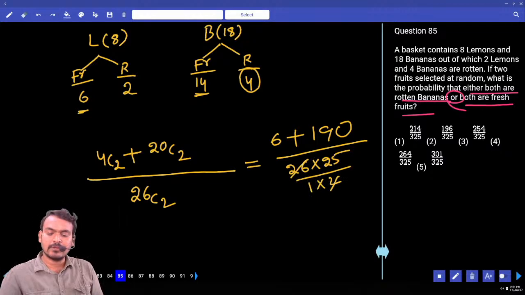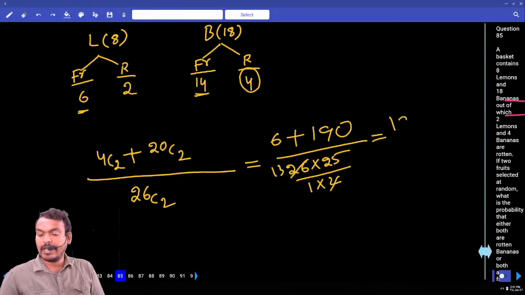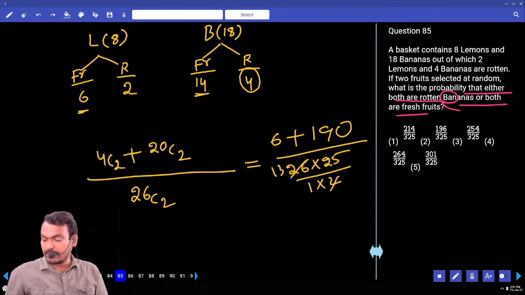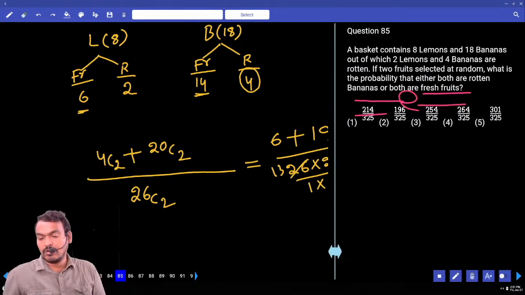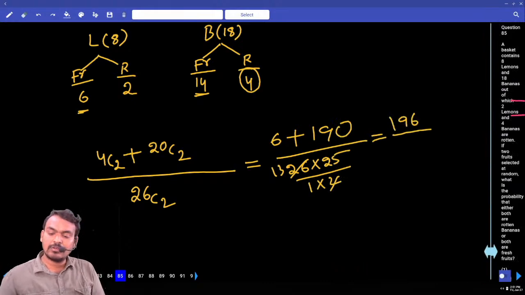The 2 cancels, and 26 by 2 is 13. The numerator is 196, with only one option. 13 into 25 is 325.